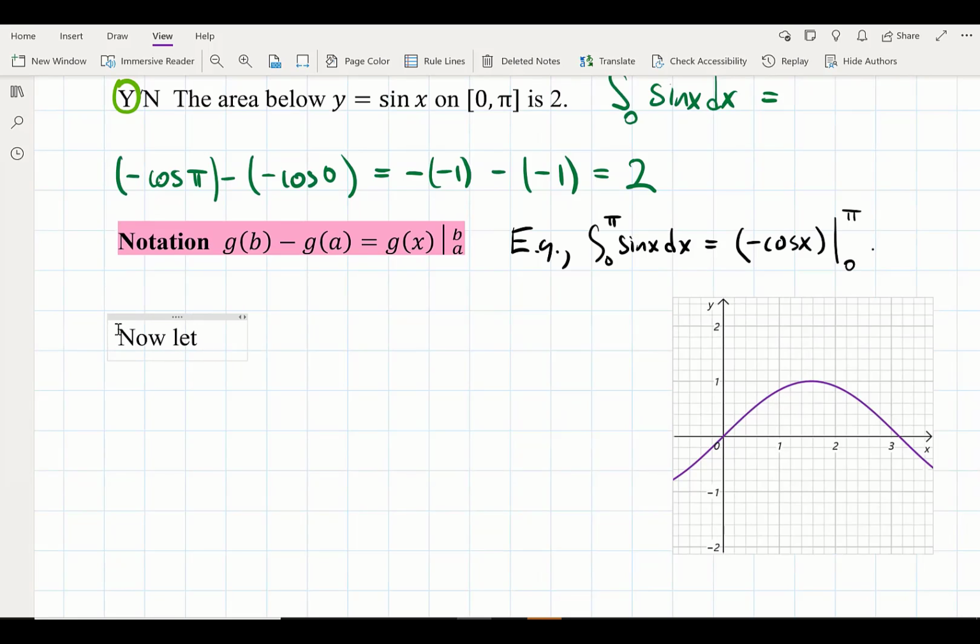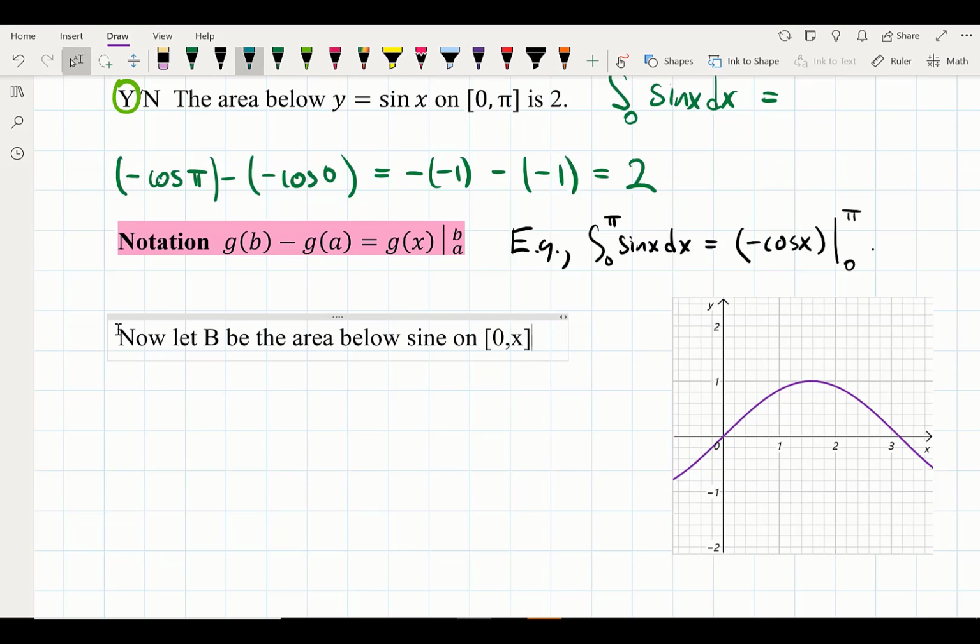Now let B be the area below sine from 0 to x. So I'm letting the endpoint of the interval be a variable. That's what's new here. Let's say, I don't know, x is like right there.